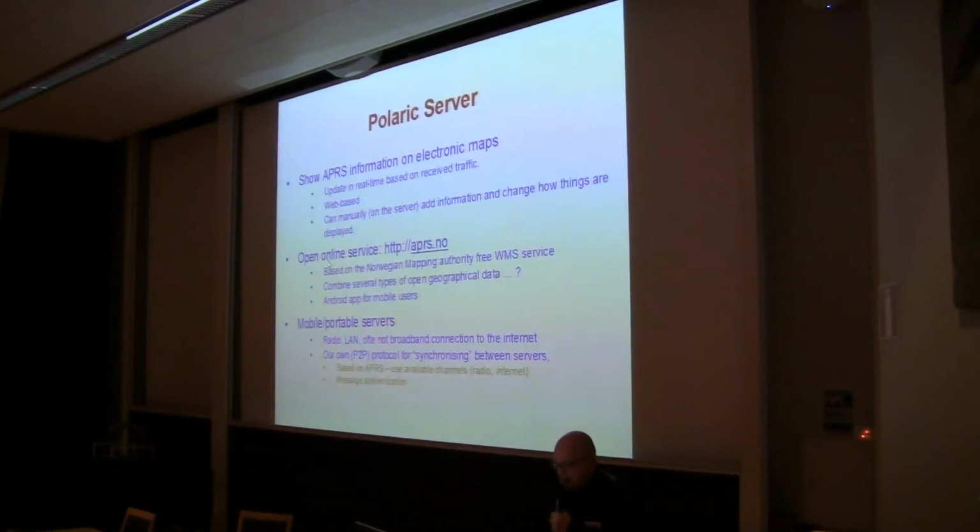My contribution is the Polaric server. That's the name of it. It's a server solution based on Apache, running on Linux, with PHP, Java, etc. Many languages, many technologies. Lots of open source components there.